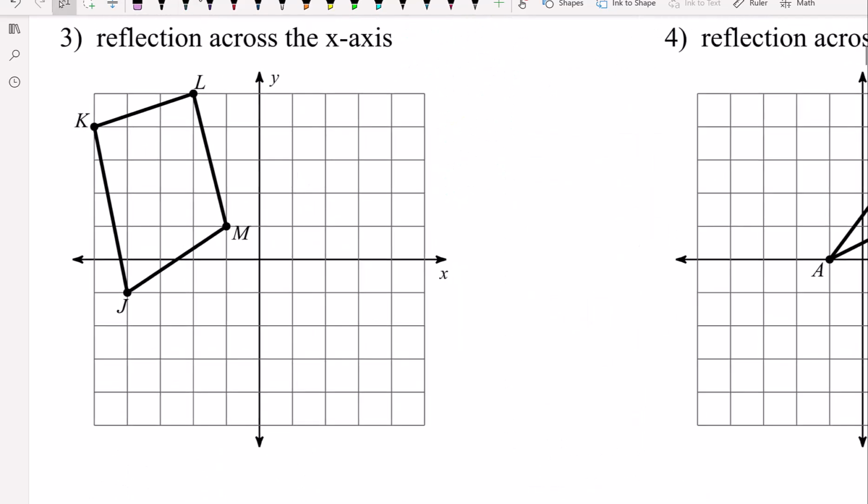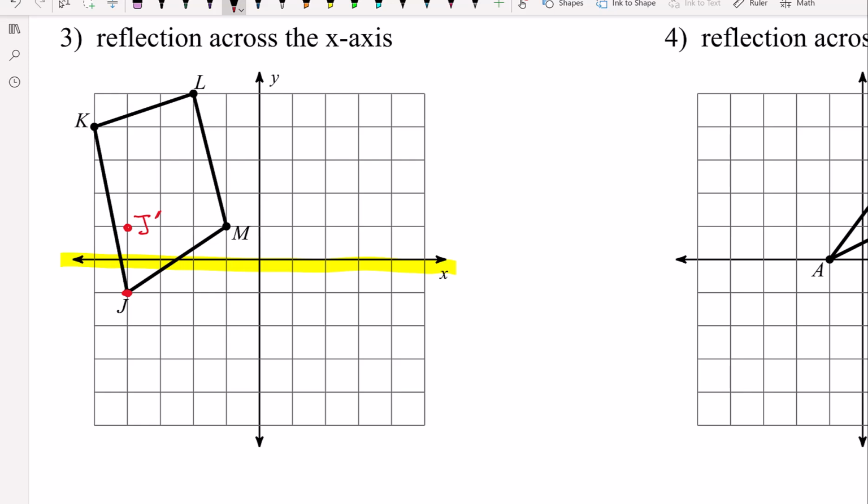Now, the reflect. Visually, we're going to reflect across the x-axis. So you look at this point right here. Since this is 1 away from that x-axis, you go 1 away, and that's J prime.